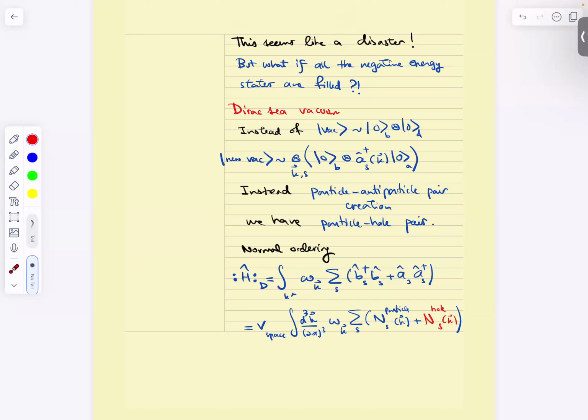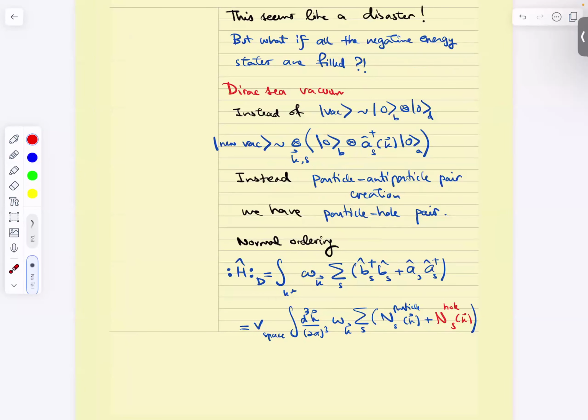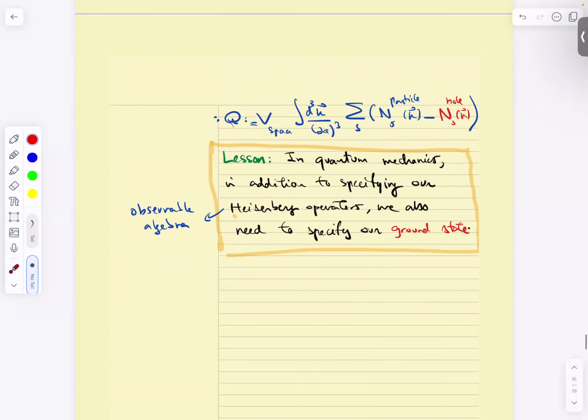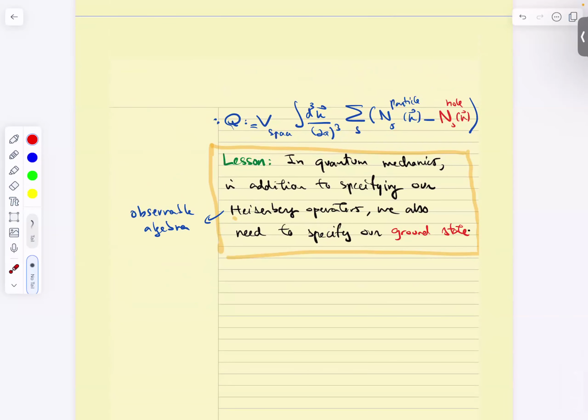It's more convenient to talk about positive energies, and it's preferred to have everything be positive energy. You can define normal ordering the same way, and then the Hamiltonian becomes the number of particles plus the number of holes. You run the whole analysis through, everything goes through, and the charge becomes the number of particles minus the number of holes.